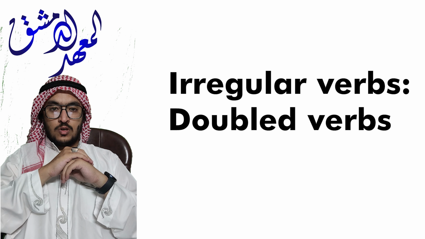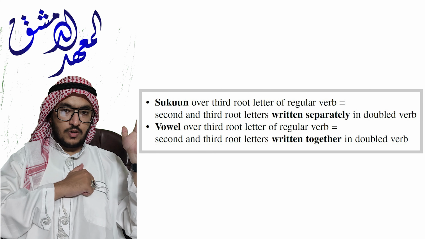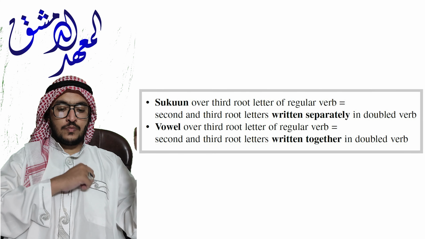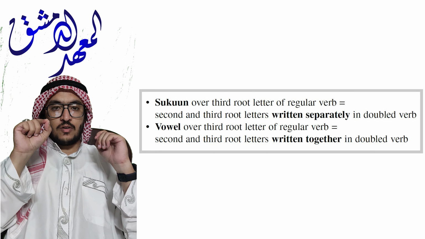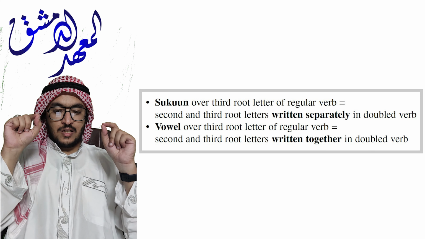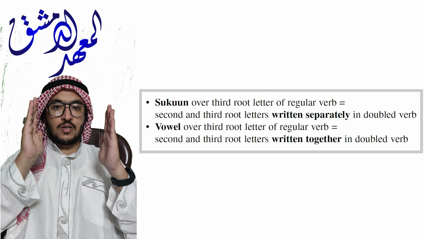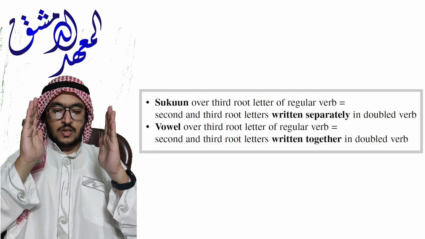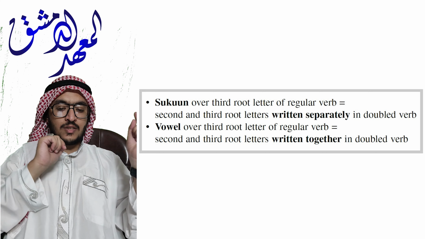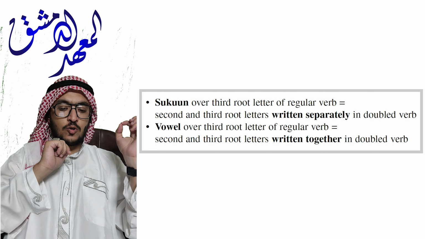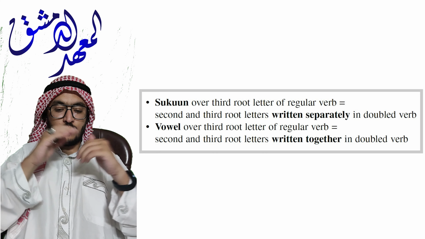So the sukoon over the third root letter of the regular verb is equal to the second and third root letters written separately in the doubled verb. The vowel over the third root letter of a regular verb is equal to the second and third root letters written together in a doubled verb.